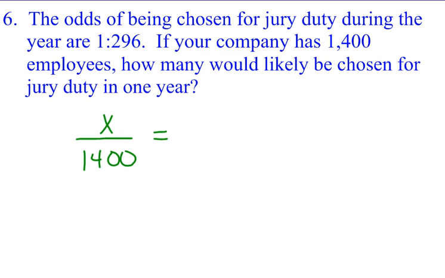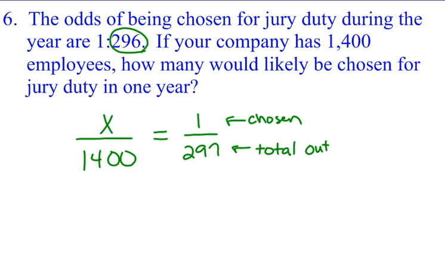Well, the probability would be 1 out of, so probability of being chosen, out of how many total? Remember, this isn't my total. I'd have to add the 1 to this, so it's 297 total outcomes. And then here I put my total employees. See how both have total in the denominator?